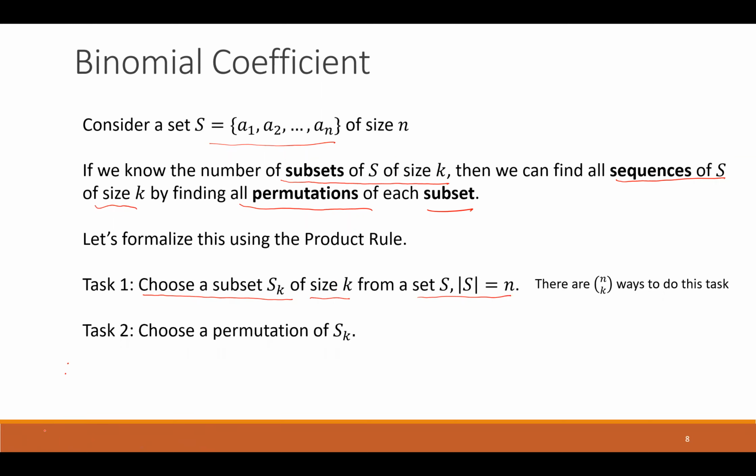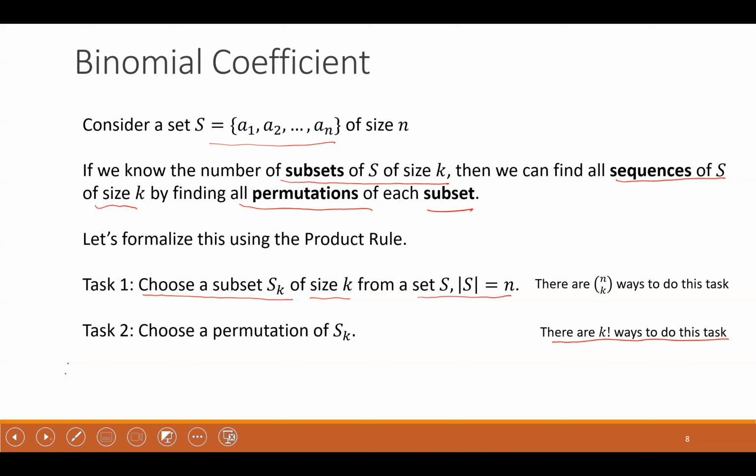Or, well, we know what it is, but we haven't proven it. Then my second task is to choose a permutation of that subset, right? That's all we did before with the sets of size 2. We chose a subset and then looked at all the permutations. Now we can do that for any size set S and any size subset k. And there are k factorial ways to find the permutation.